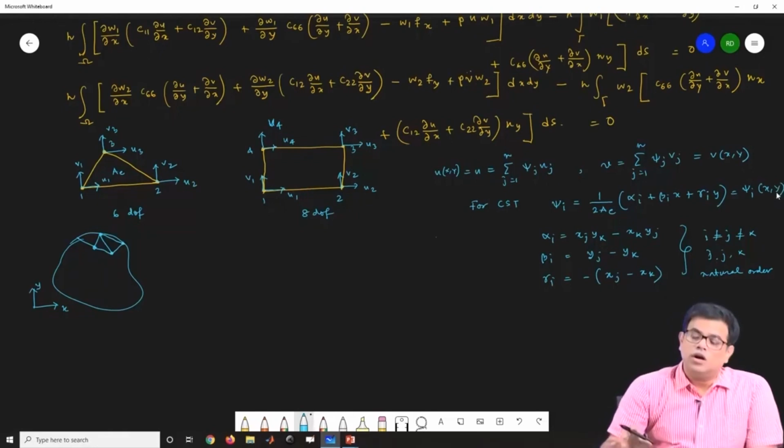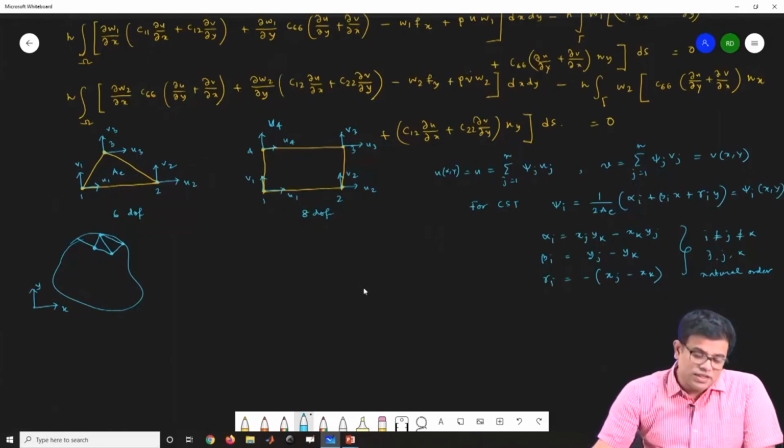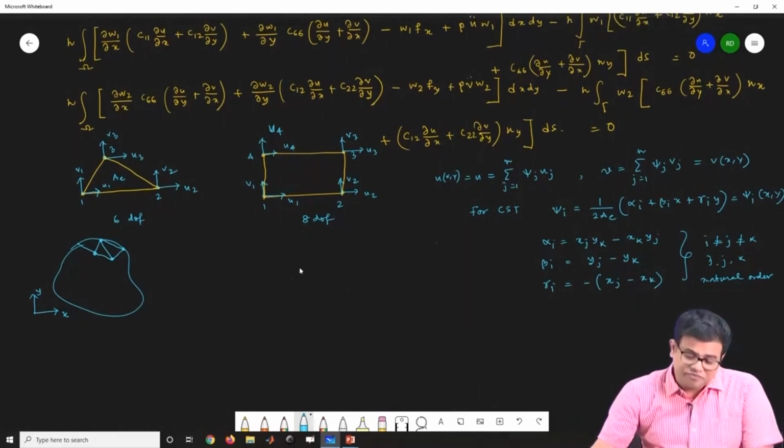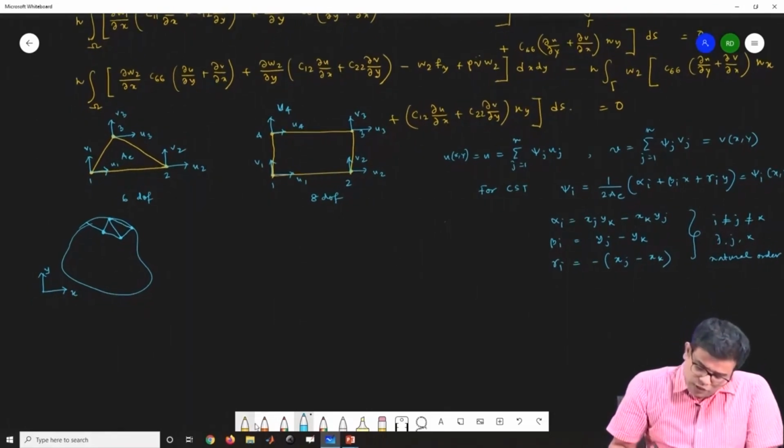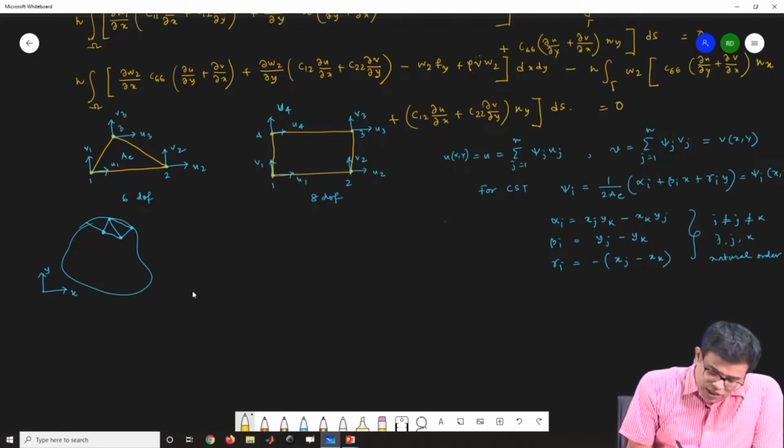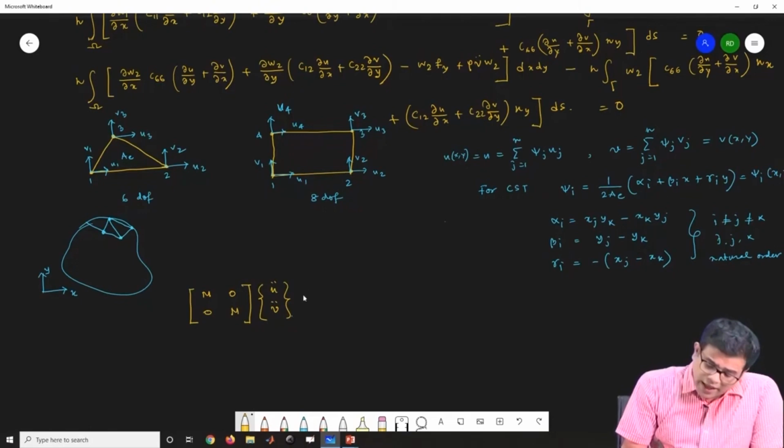So now with this I can plug into the weak form. If I plug into this, then my matrix equation will look like this: M, 0, 0, M, times u double dot, v double dot, plus the stiffness matrix, that is K11, K12, K12 transpose, then K22.